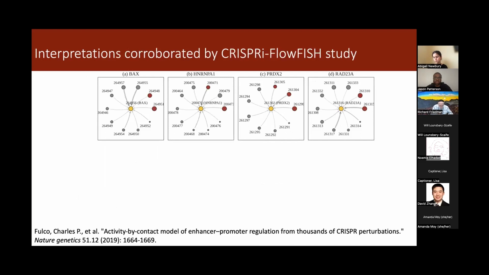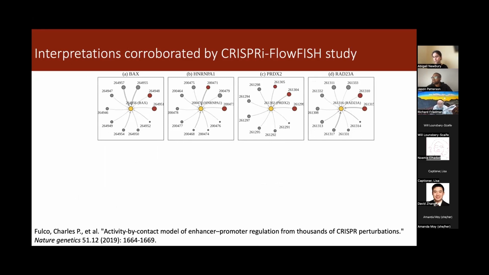So we tried this interpretation on a lot of genes in our data set, and here I'm showing an example of 4 such genes. The yellow circles are representing the genes that we are predicting. The circles around them are representing the top 10 neighboring nodes of that gene, and the size of the circle is representing the importance scores that the model gave it.